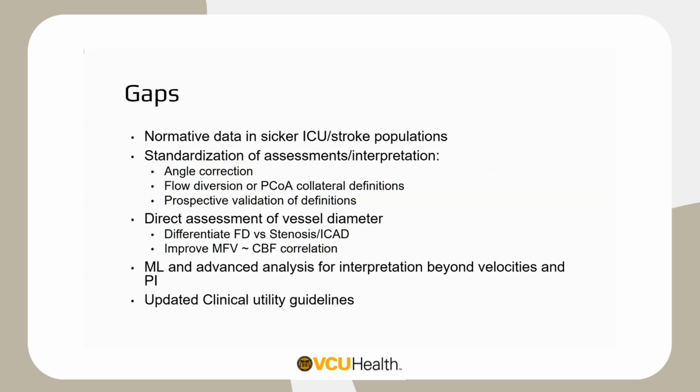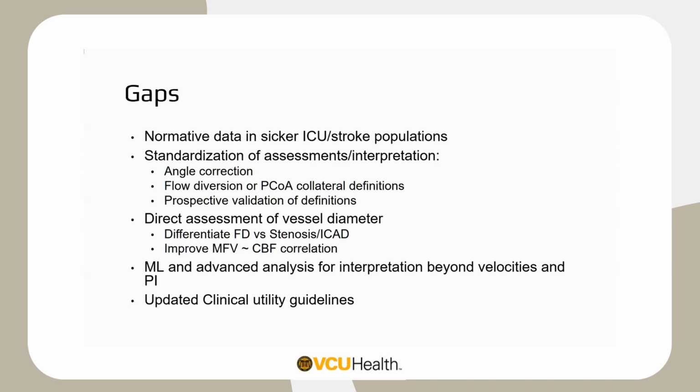I think there are continued issues with standardization of both the assessment of the TCD data and then the interpretation, in terms of use of angle correction, which varies geographically. Things like, as I mentioned, flow diversion or assessment of PCOM collaterals, there are varying definitions used throughout the literature, so it's hard to come up with performance of these because there are different definitions in different papers, so we can't really do meta-analyses or come up with robust validations.